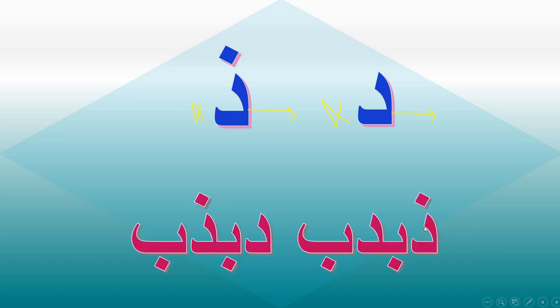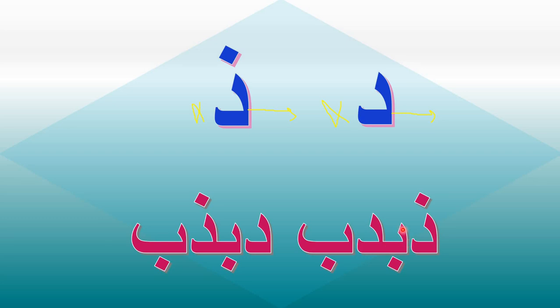Here I have a letter and you can guess which one it is. This one is Dhal, the one that has a vibration sound, because there is a dot. And which one is this?